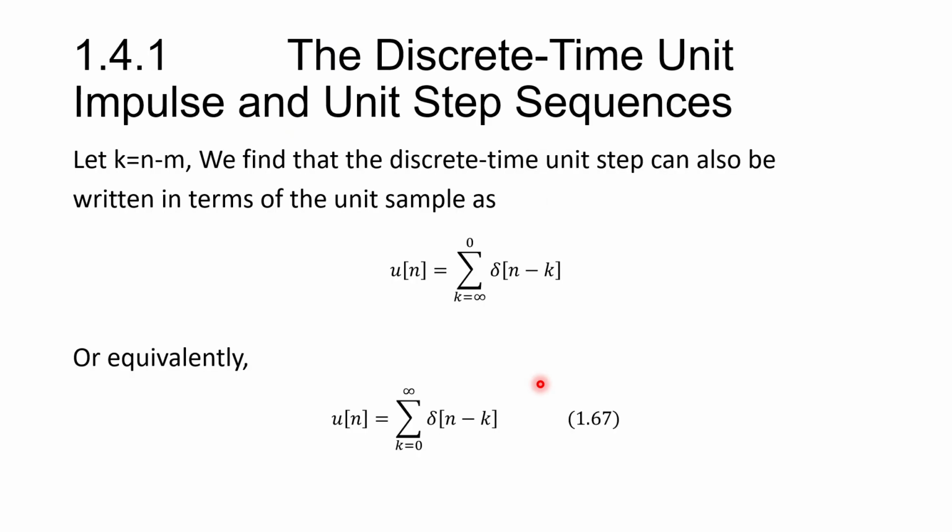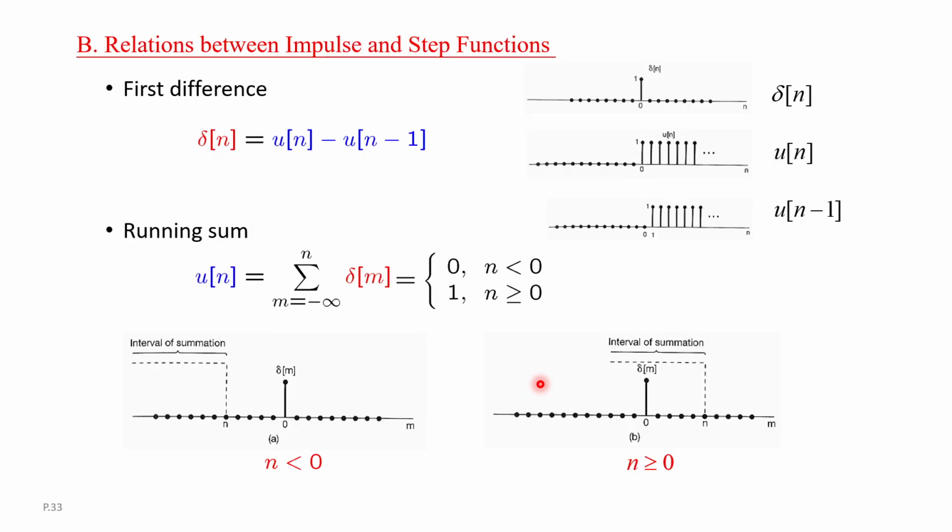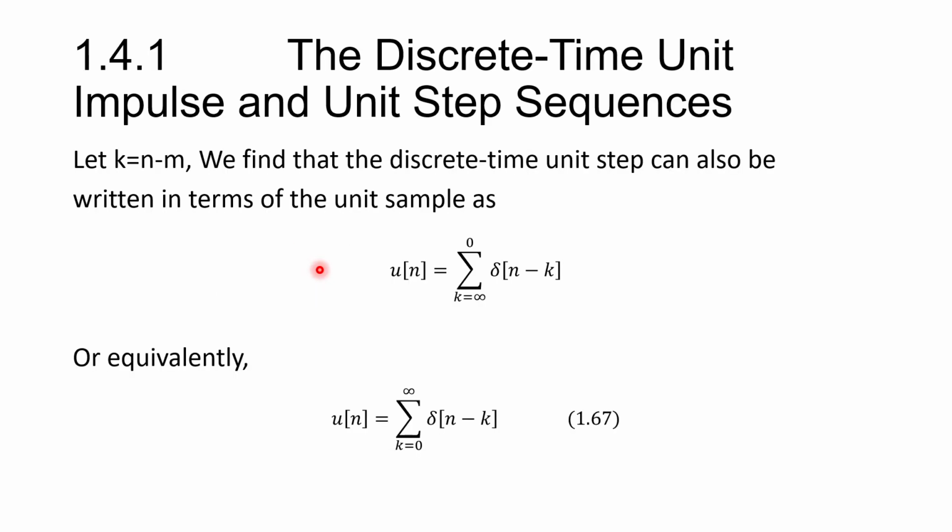Now, to make it a little more confusing, we do a change of variable. This is like a standard integration where you have a dummy variable being summed over, and n is at the upper bound of the summation. But if we do a change of variable, instead of summing over m, we sum over k equal to n minus m, so m becomes n minus k.